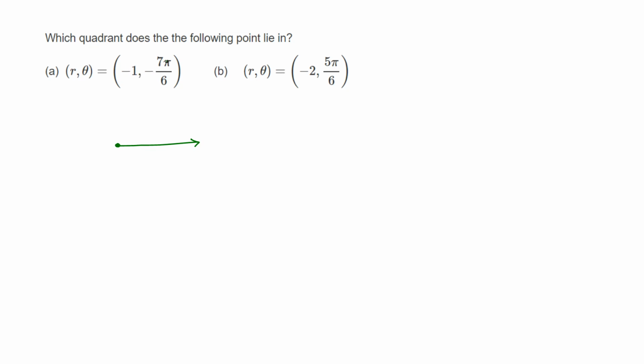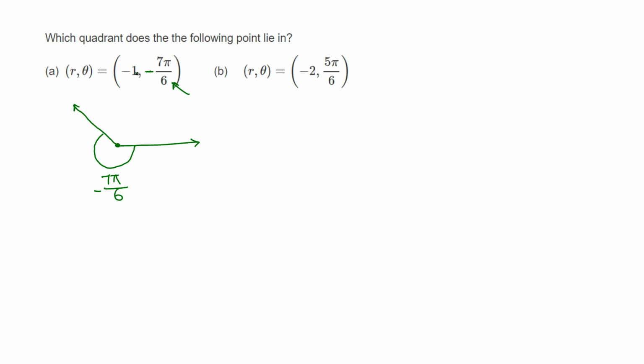Now negative 7 pi over 6 is the angle. This negative means clockwise direction, 7 pi over 6. So if we go all the way here, that's pi and more, 7 pi over 6 somewhere here. We don't know the exact location, but this is 7 pi over 6 in the clockwise direction, so negative 7 pi over 6.